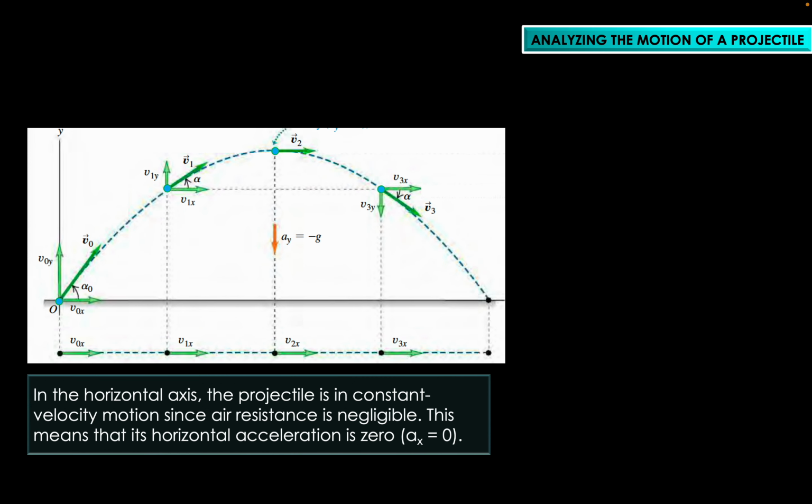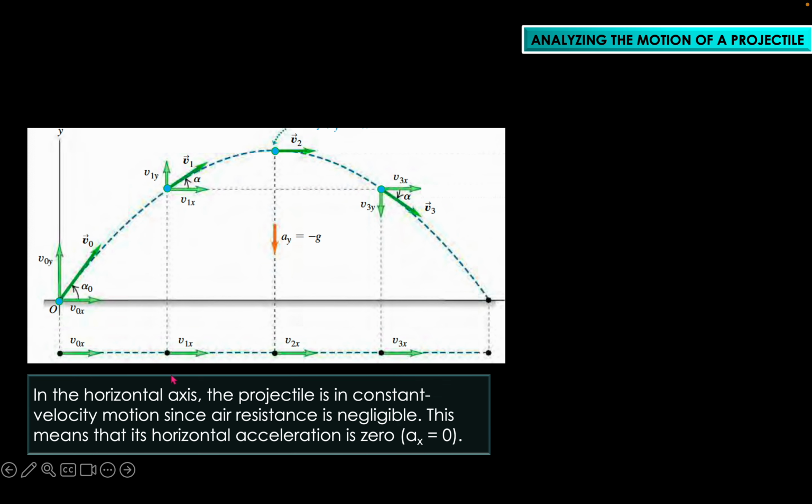And then also take note that in the horizontal axis, the projectile is in constant velocity motion because we ignore air resistance. That's our idealized model. And that means that when you are analyzing the horizontal motion of a projectile, the acceleration there is zero, meaning there's no change in the velocity of a projectile along the x-axis.